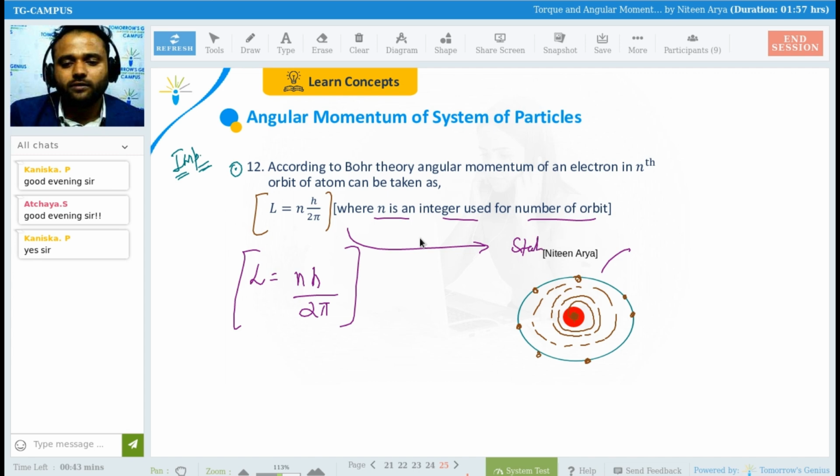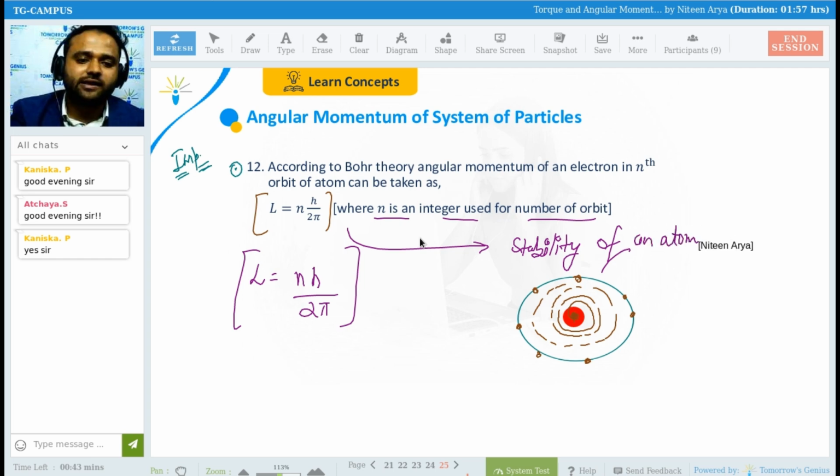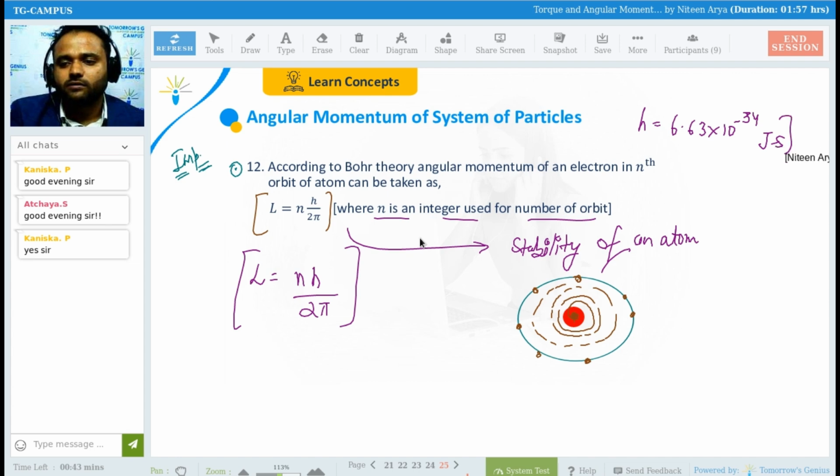So this gives us stability of an atom. Where n is an integer, h is the Planck constant, 6.63 times 10 to the power minus 34 joule second. That is the unit also.